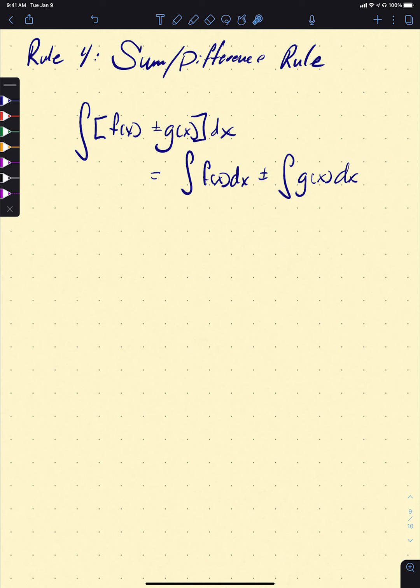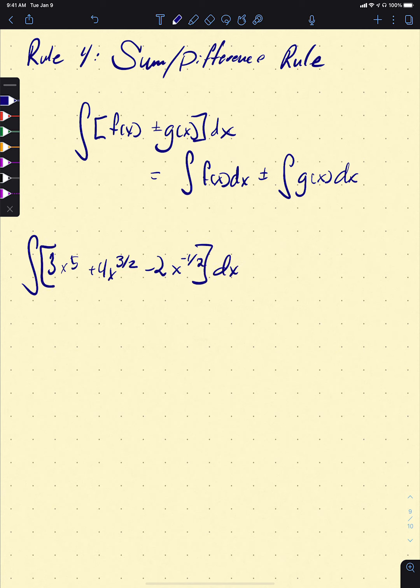And this sort of extension over pluses and minuses, well, that's what allows us to take the antiderivative of something that's a little bit more complex, right? Maybe 3x to the fifth plus 4x to the 3 halves minus 2x to the minus 1 half, all with respect to x, right?